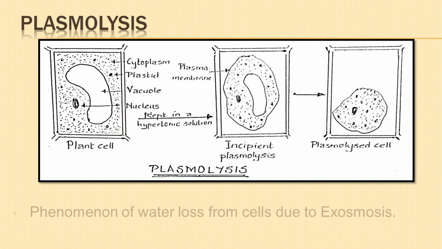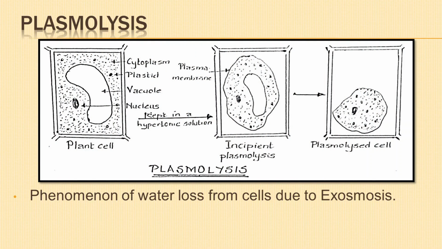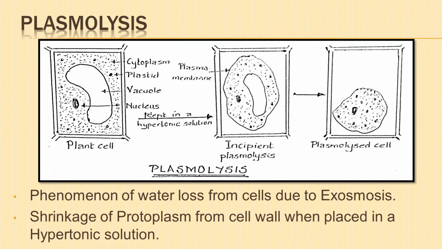Plasmolysis, the phenomenon of water loss from cells due to exosmosis, is called plasmolysis. The shrinkage of protoplasm from cell wall is seen when the cell is placed in a hypertonic solution.